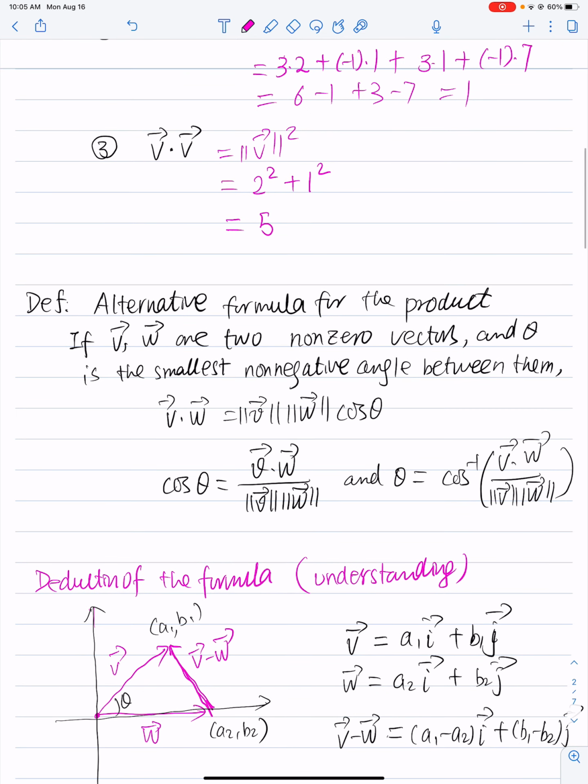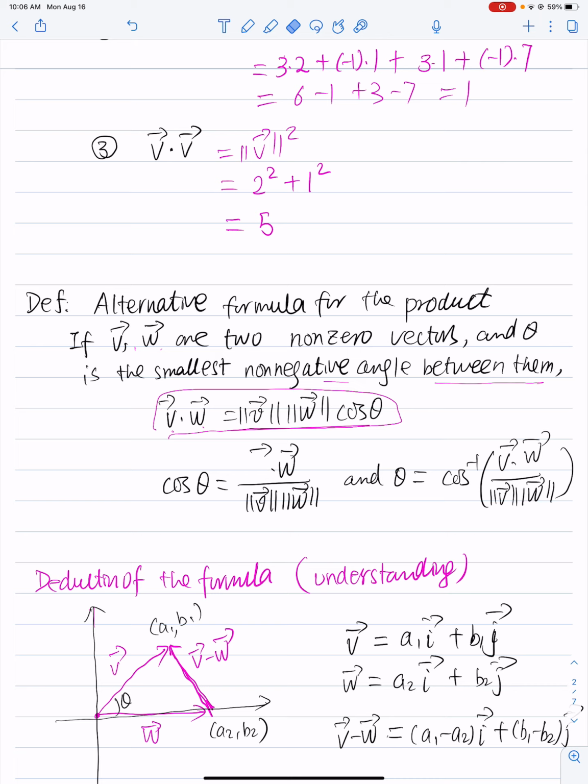The next formula is an alternative formula for the dot product. If v and w are two nonzero vectors, and theta is the smallest nonnegative angle between them, then v dot w equals the magnitude of v times the magnitude of w times cosine theta. This is another formula, and it is most useful for finding the angle between two vectors.